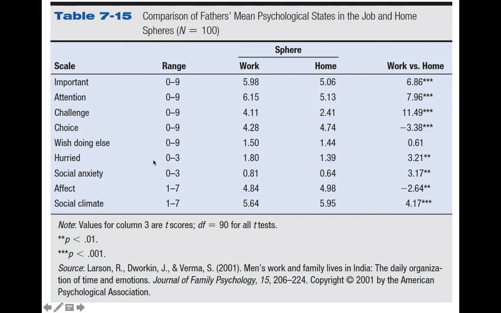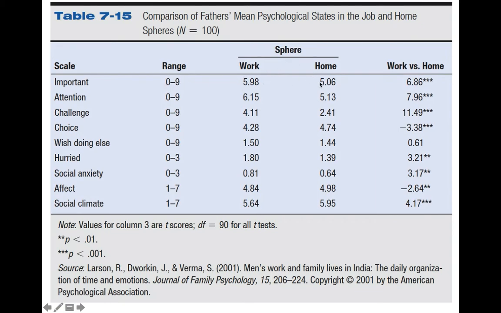And so these fathers completed a survey or a questionnaire in which they're reporting on these dimensions, the extent to which they are feeling important, or how much attention they're paying to whatever they're doing, the challenge that they're facing. Here's the range on that particular scale, as in scores could range from 0 to 9.